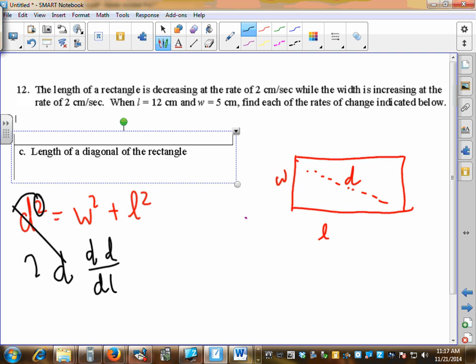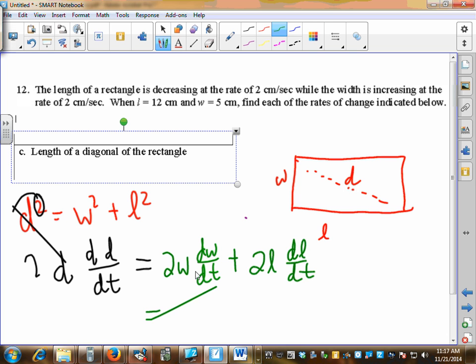All right, Aaron, what about W? It would be 2W dW over dt. All right, because it's all changing. And then Erica, what about the length? It would be 2L dL over dt. Okay.